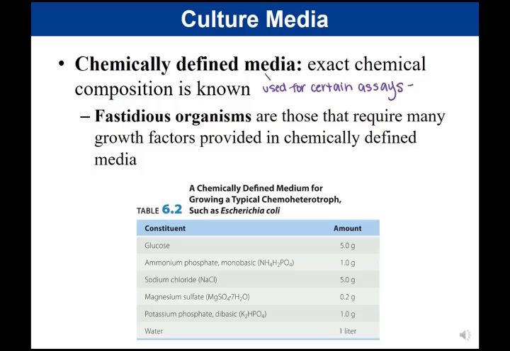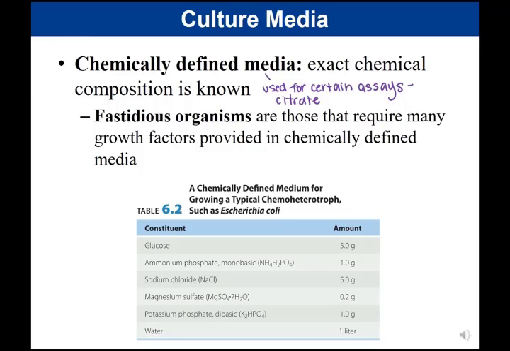And so we talked about a very specific example of a chemically defined media. So see if you can think about a type of chemically defined media that we've used in this class. And so if you said citrate, right, our Simmons citrate agar, that would be an example of a chemically defined media.